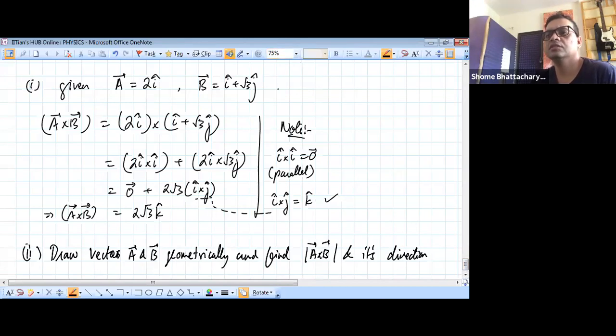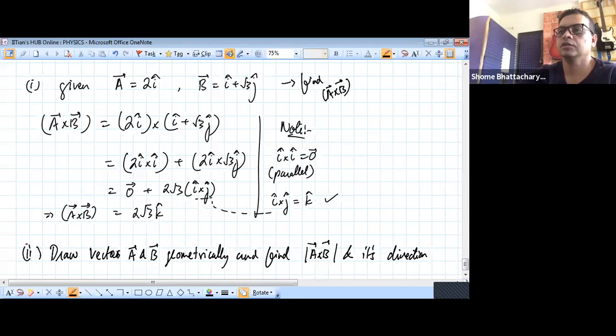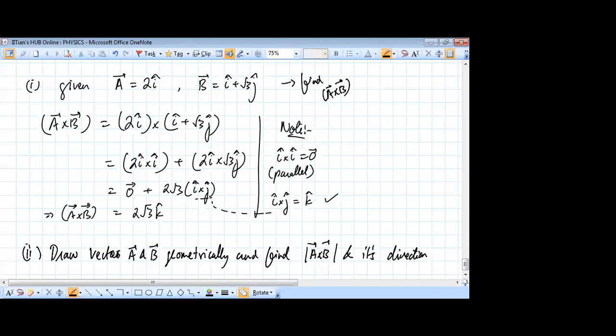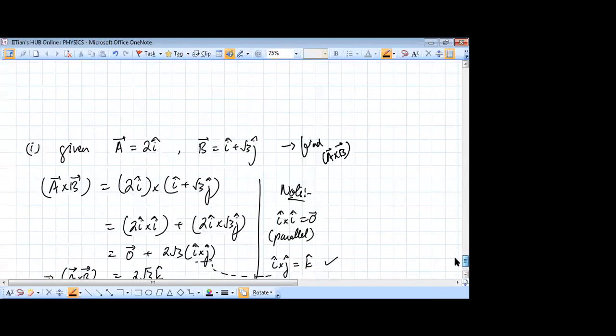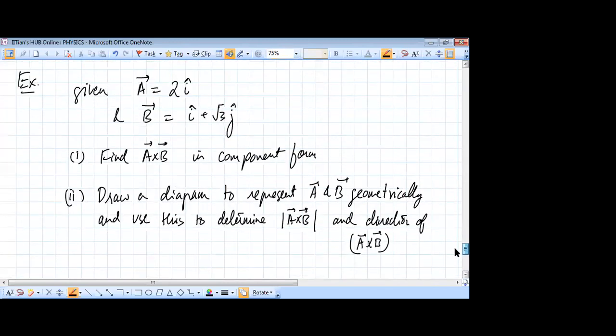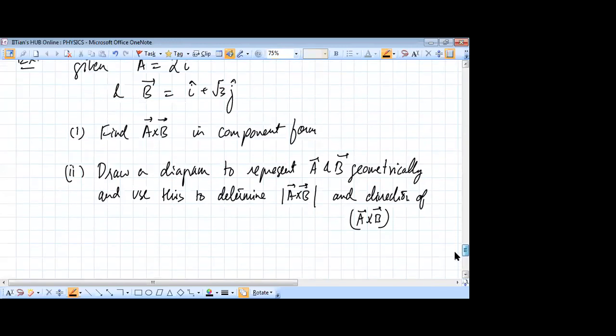The question is here: you have to find A cross B in component form. That's the first part, and the second part I've written below. So just note down the solution and do the second part yourself. Try out the second part just now. The question's information is written here, the same as above.